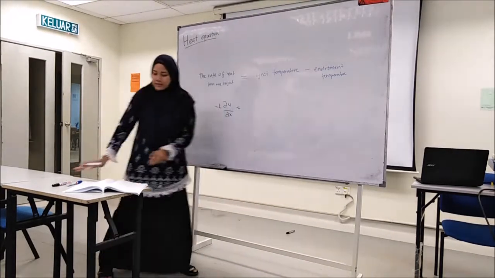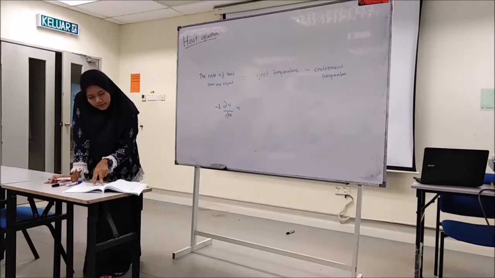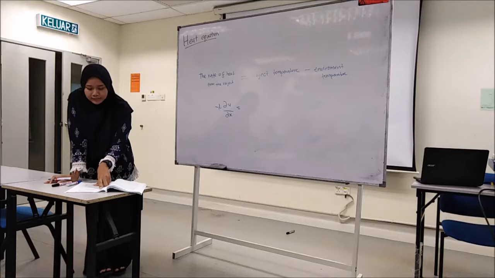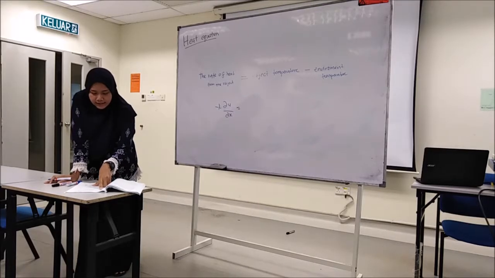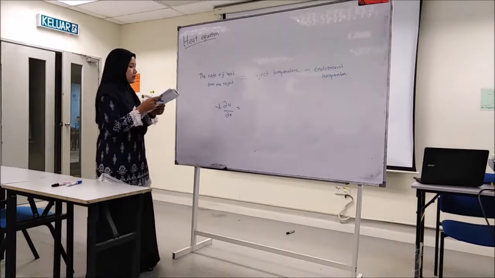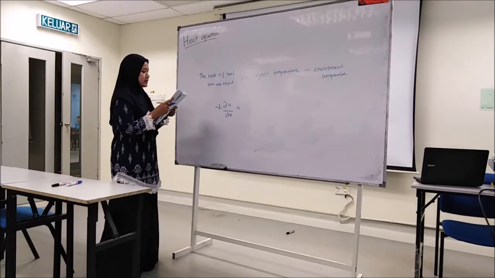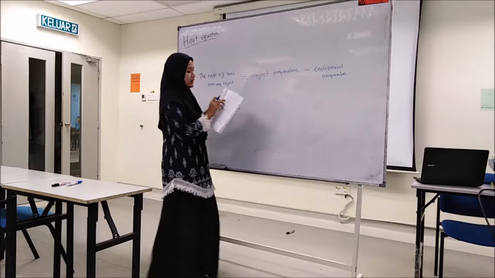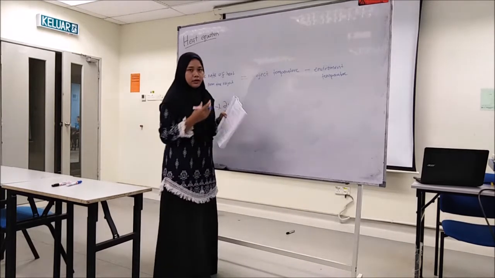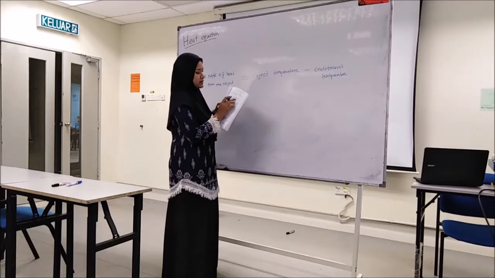As you can see on page 79, it says that if the environment near X equal to L is at constant temperature U2, that means the environment near X equal to L, this is our object, is at constant temperature U2.